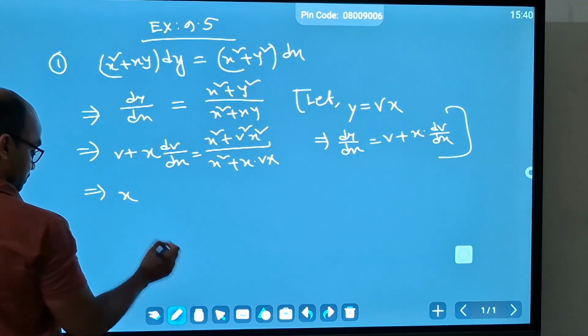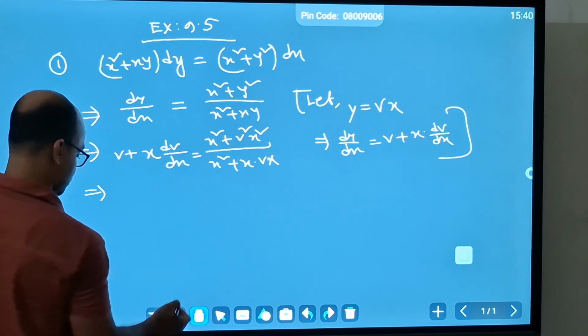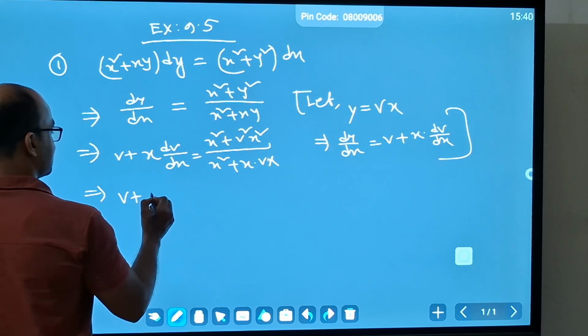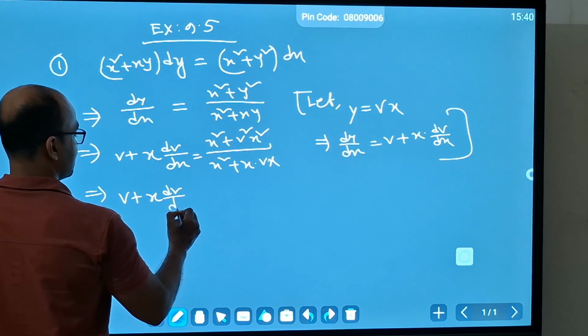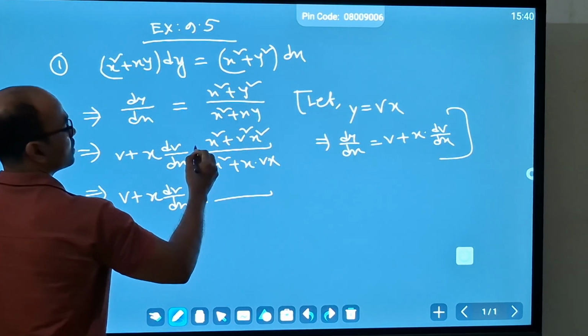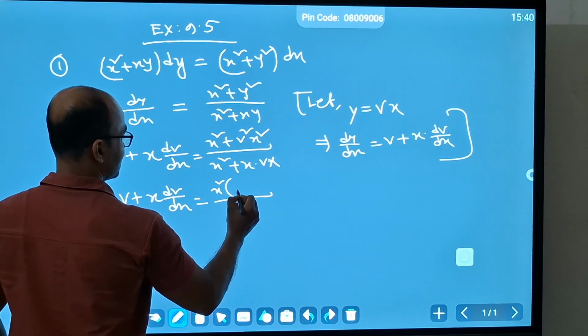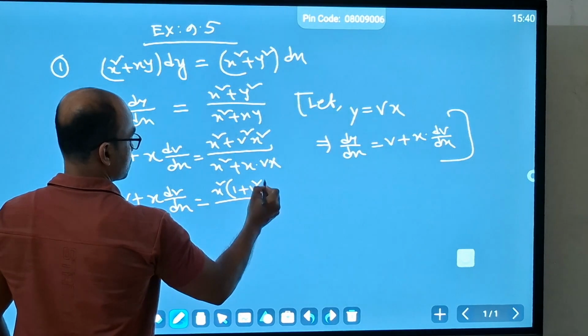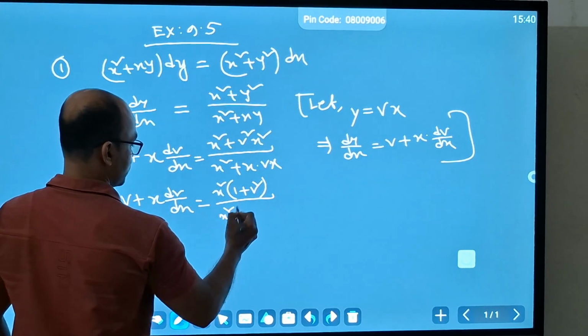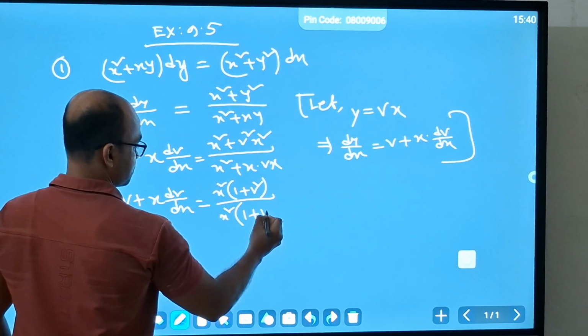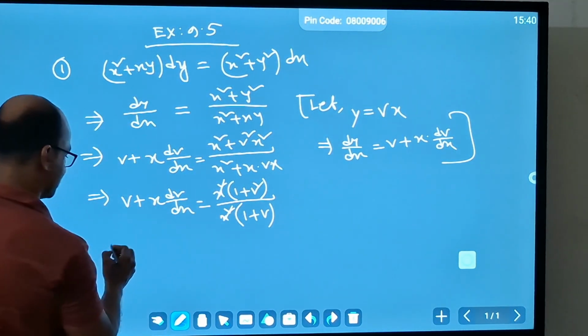Now in v plus x dv by dx, we take common x square: 1 plus v square, and x square also in the denominator: 1 plus v, x square cancels.